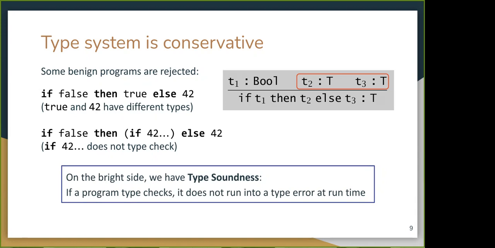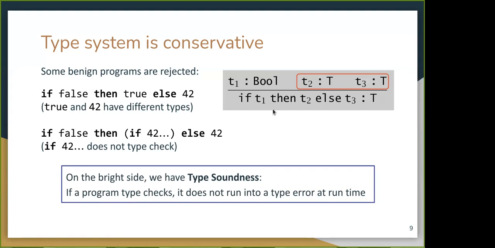So when we do have a real type system, it gives us a strong guarantee that if a program type checks, then we know for sure that at runtime we won't run into some set of dynamic errors. And in formalization, we always say exactly what kind of errors we rule out. So in this case, we just rule out bad if conditionals.